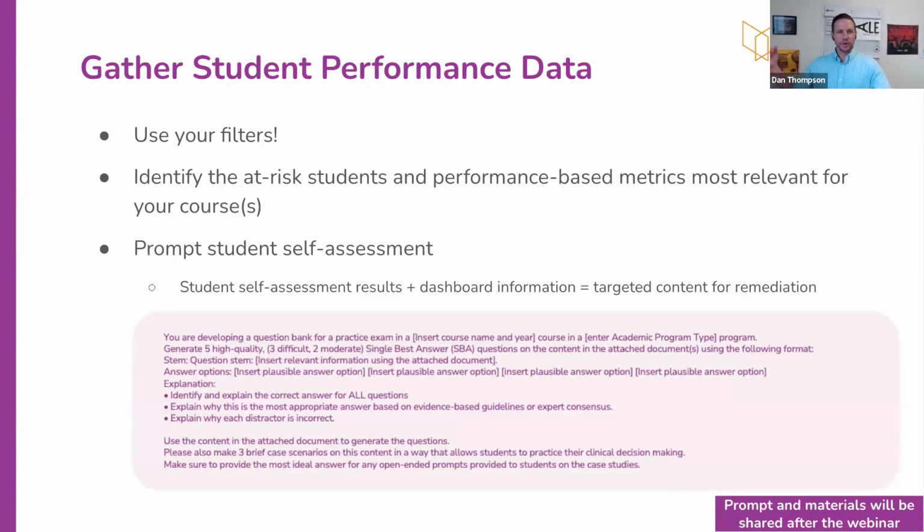As Corey was mentioning, when I go to gather the data, one, I always use the filters. Throughout, we can tag or map to any bucket or category that we want, in either Canvas outcomes or in ExamSoft categories.